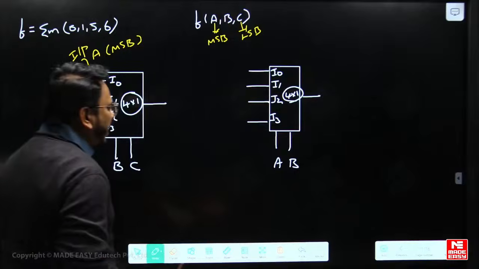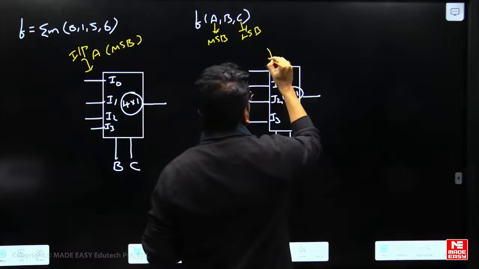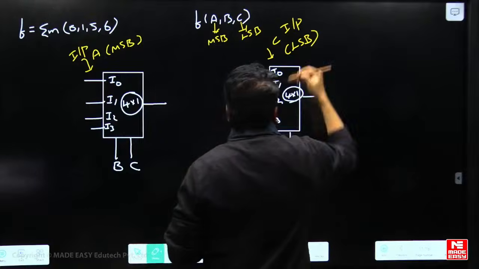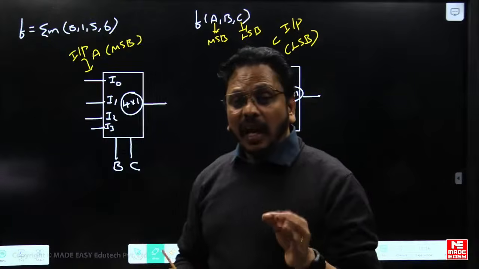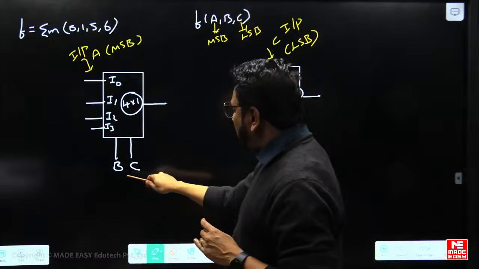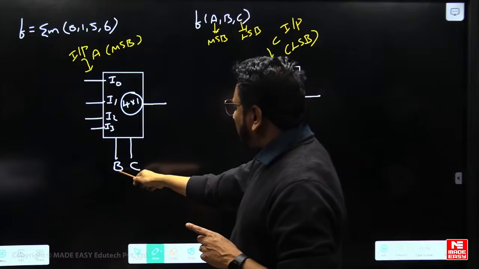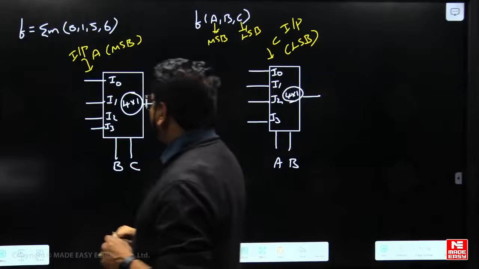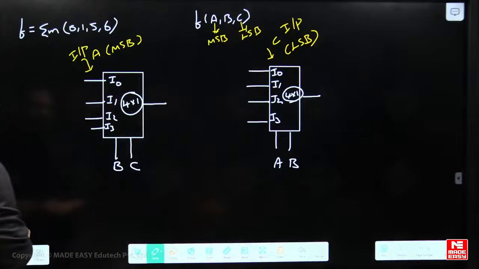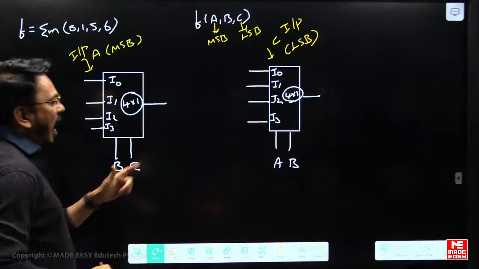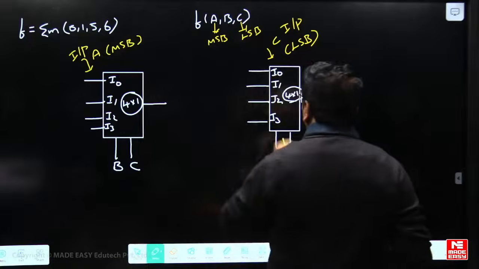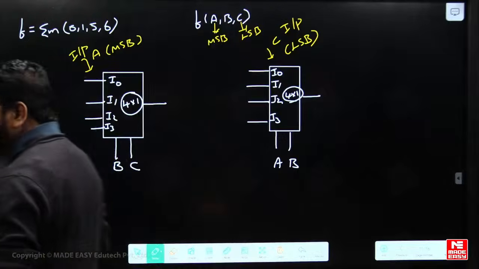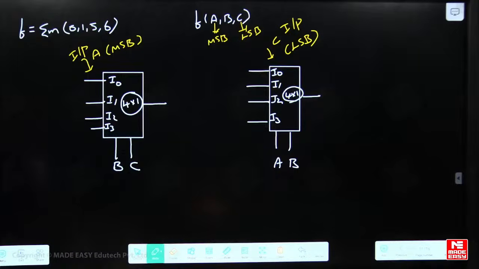So when the question is given, carefully check whether the select lines are BC or AB, and apply the shortcut technique accordingly.